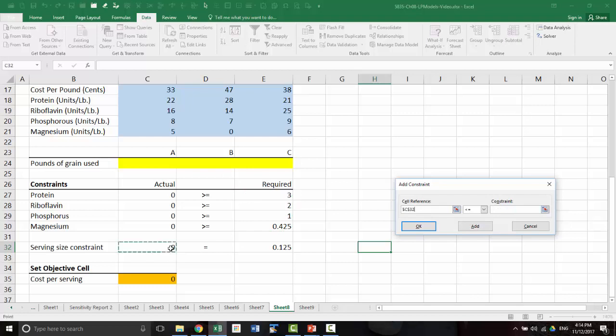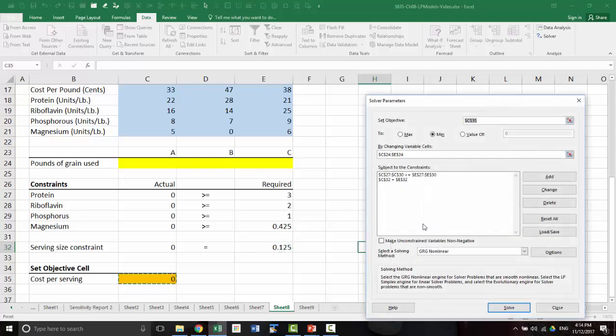Add, and this must be equal to that. Then we are done. Well, we have to make sure that this is selected and simplex LP is selected as the solving method.